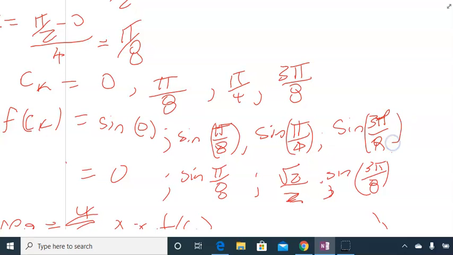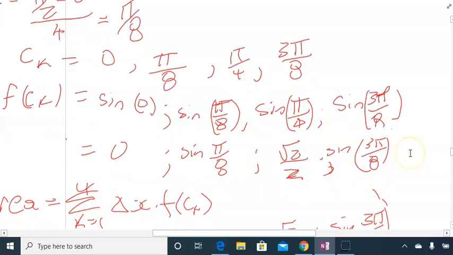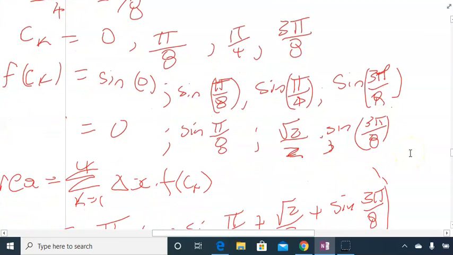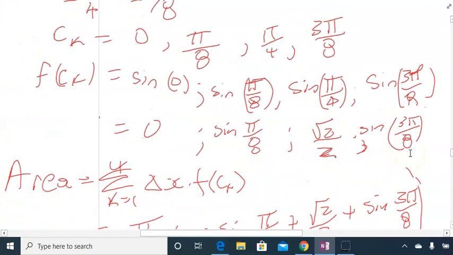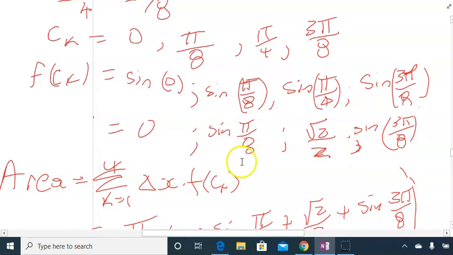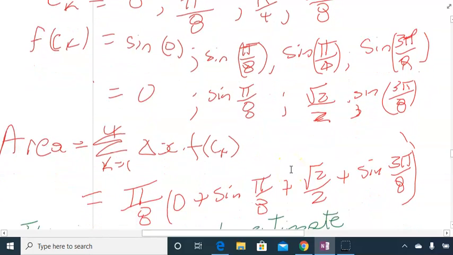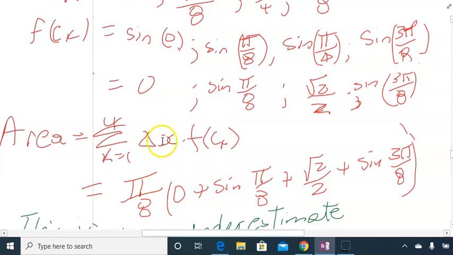The sine of 0 and the sine of pi over 4 we easily know from the unit circle. The others we're going to leave as is, and then we're going to plug that into our area formula. Area will be equal to the summation, k is equal to 1 to 4, of delta x times f of c sub k, and then we just plug these in.